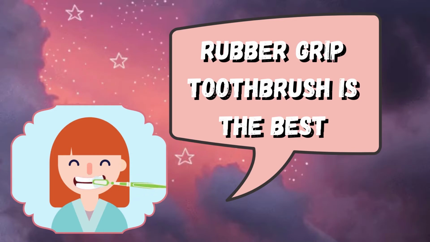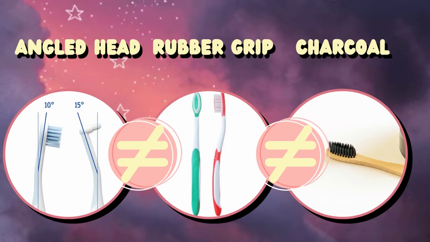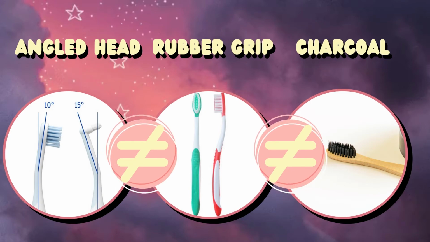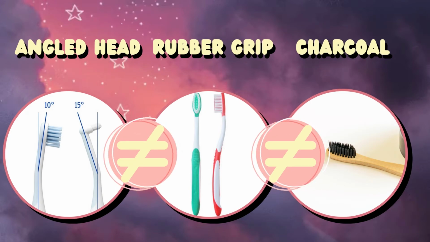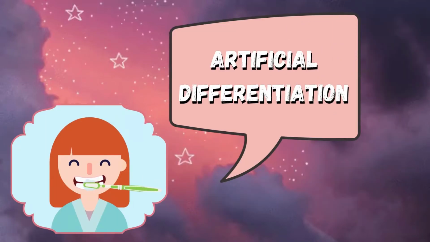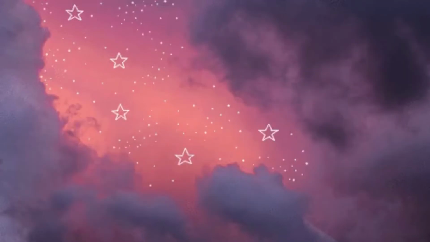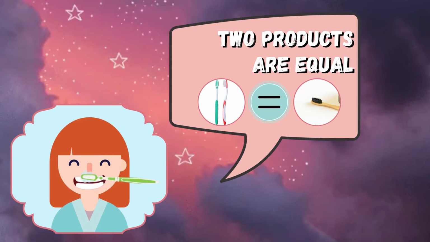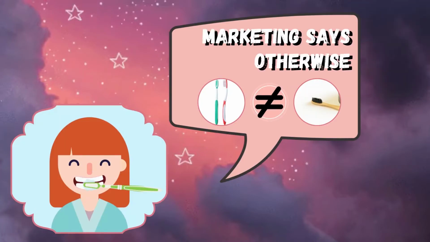Notice that in my toothbrush example, there's a real differentiation, where there are physical differences in the products. It is possible in this market to have artificial differentiation where two products are physically identical, but through marketing, say, attractive packaging or celebrity endorsements, consumers are convinced that the products are different.